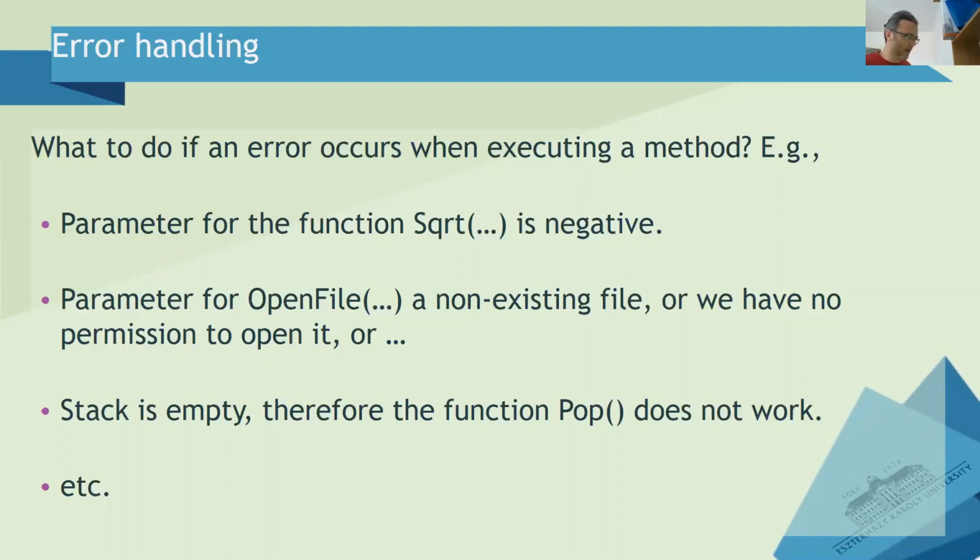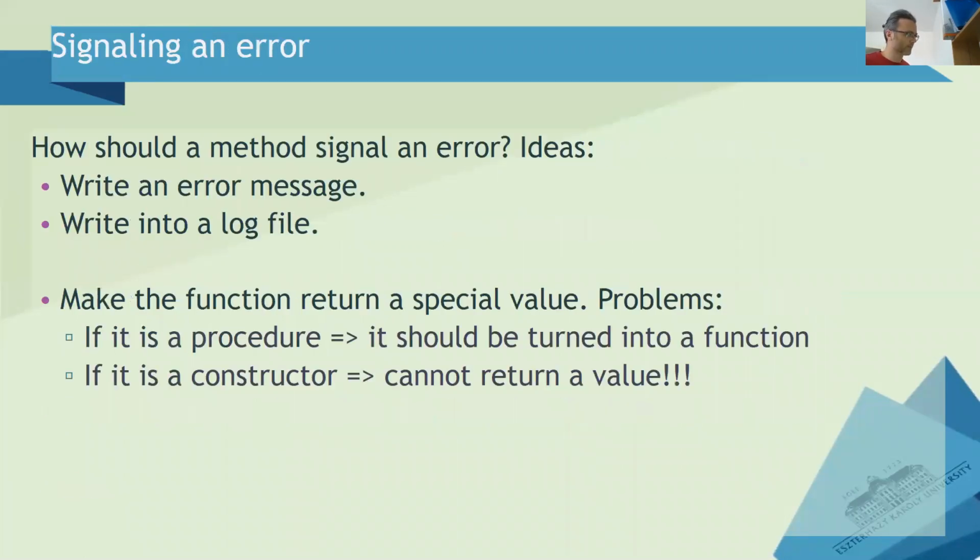So here you can see some similar runtime errors you might need to face too. For example, if the user gives a negative number as input and you, the programmer, pass it to the sqrt method, or in your code you are trying to open a file, but at the same time someone deleted this file, or you don't have sufficient permissions to open the file, what to do then, etc. I guess you can imagine even more such examples.